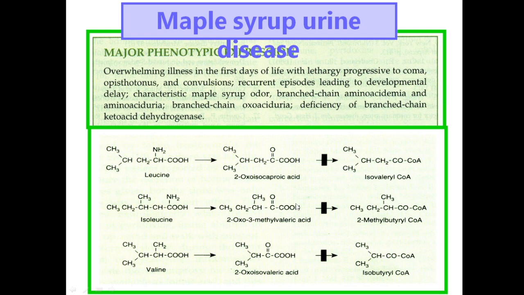When alpha keto acid decarboxylation is destroyed, it leads to accumulation of alpha keto acid derivatives and dysfunction of the central nervous system. One of the symptoms is maple syrup odor, but of course more important is oligophrenia and the dysfunction of the nervous system.